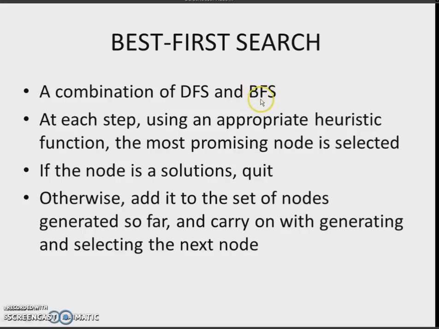We are trying to use the pros of DFS and BFS and create a new algorithm called the best first search. So what do we do here? At each step, we use an appropriate heuristic function and the most promising node is selected. If the node is a solution, quit. Otherwise, add it to the set of nodes generated so far and carry on with generating and selecting the next node.